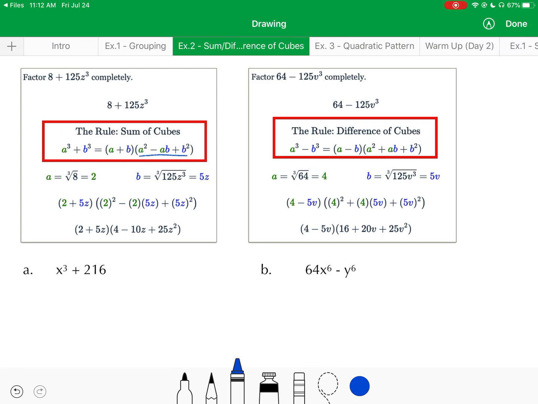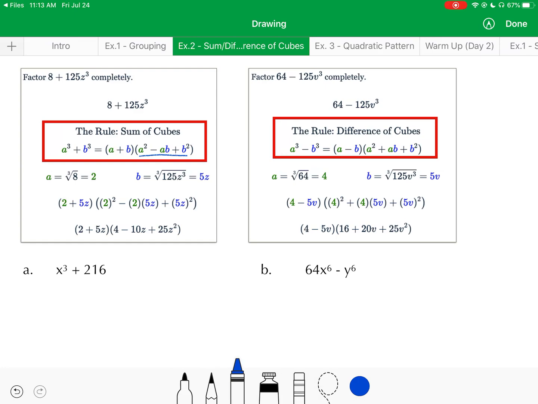So once you know the cube roots of a cubed and b cubed, that gives you a and b. You simply are going to square a to give you the first term of that trinomial. You're going to multiply a and b together to give you the second term, and then notice there's a subtraction in front of that. And then to give you the final term, you're going to square b.